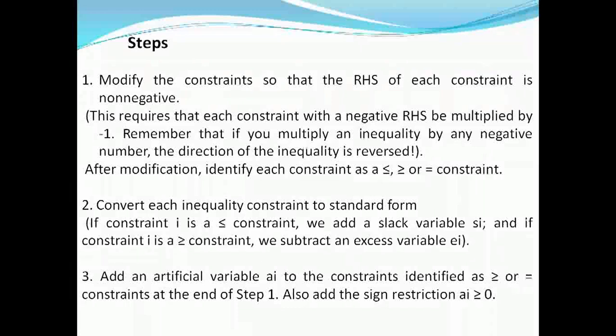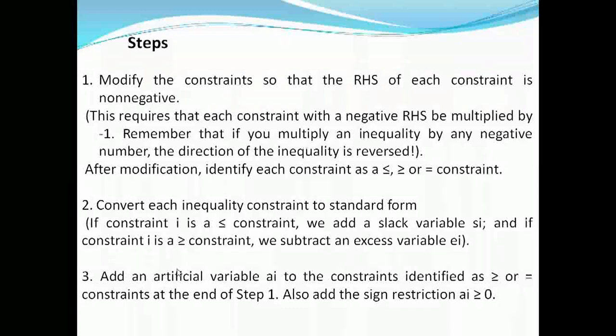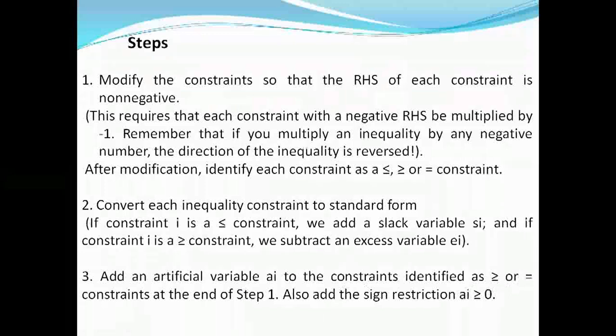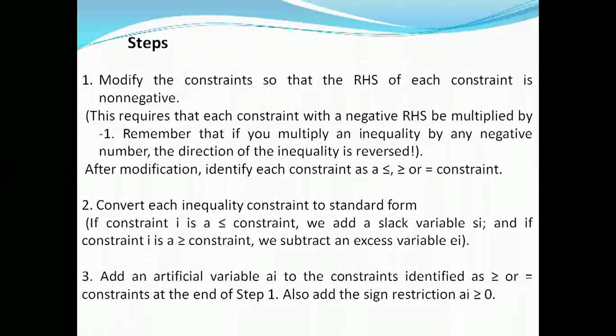Moving to the third step, adding an artificial variable to the constraints identified as greater than or equal to, and this constraint ends at step 1. So that should be before the less-than-or-equal-to symbolic representation itself.